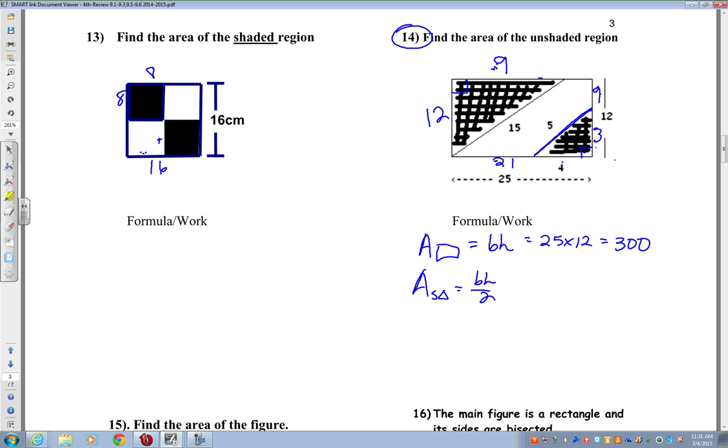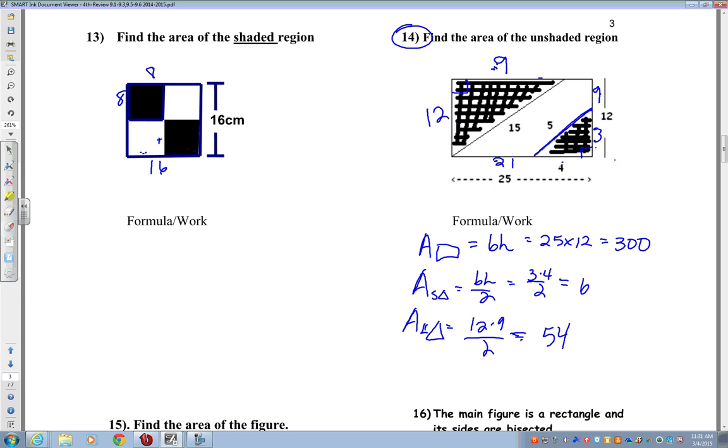So for the small triangle, we have 3 times 4 divided by 2. And then for the large triangle, the big one, we have 12 times 9 divided by 2. So this one is 6, and this one is 54.